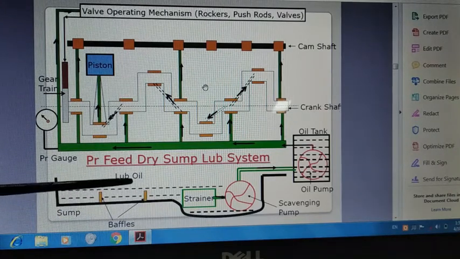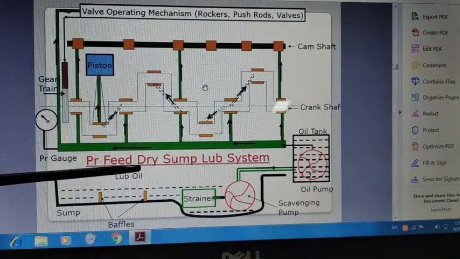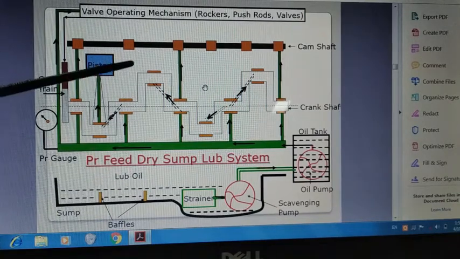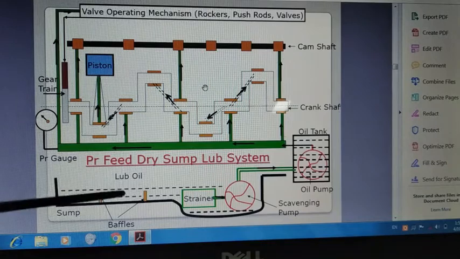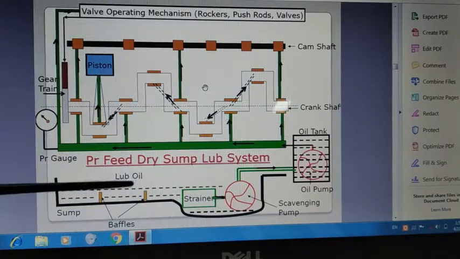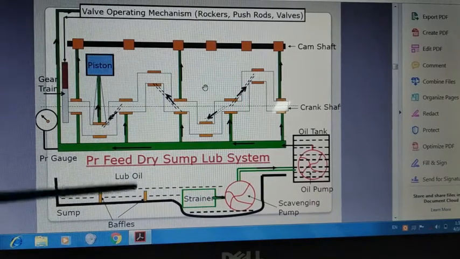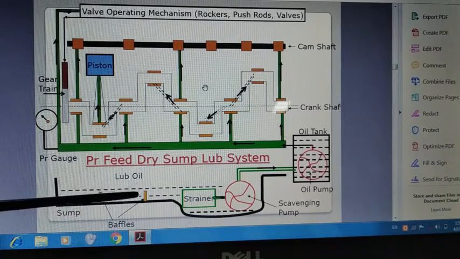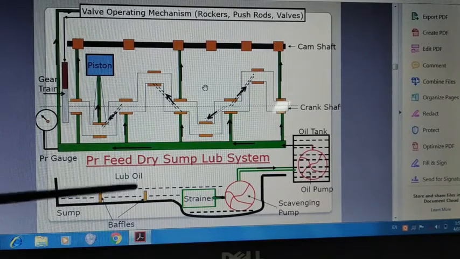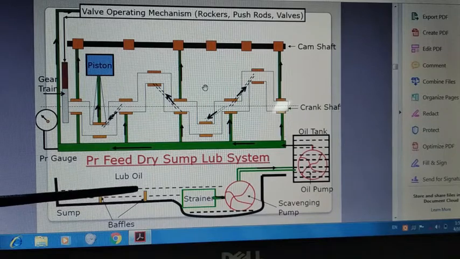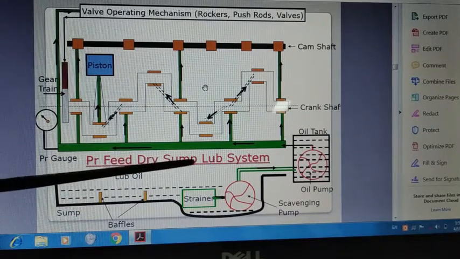So here the function of the sump is to just collect the oil which is falling and not to store the oil. It is just to collect the oil. That's why this is not a storage tank, it is just a collection tank. That's why it is called a dry sump system.